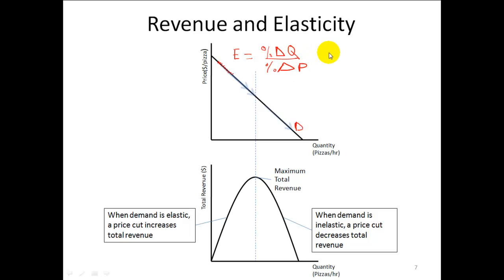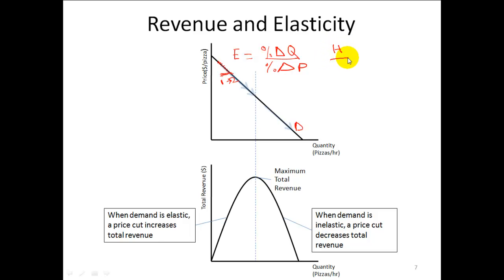Now in this top region, the percentage change in quantity is going to be a high number. The quantity change from here to here is going from, let's say, 1 unit to 2 units. From 1 to 2 is a pretty big change in percentage terms. So the percentage change is high.